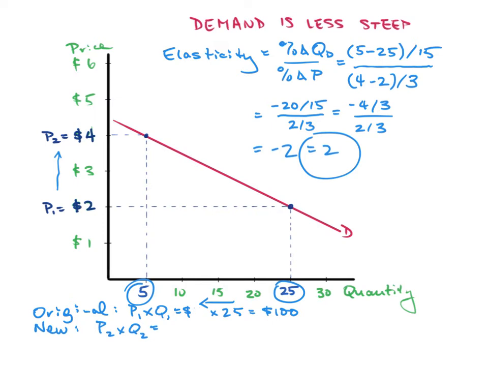Original price was 2, and they sold 25. So original price was 2, they sold 25, revenue is 50. The new price is 4, and they sell 5, revenue is 20. So the revenue goes down when the price goes up. Okay. This is, again, what happens with elastic demand.